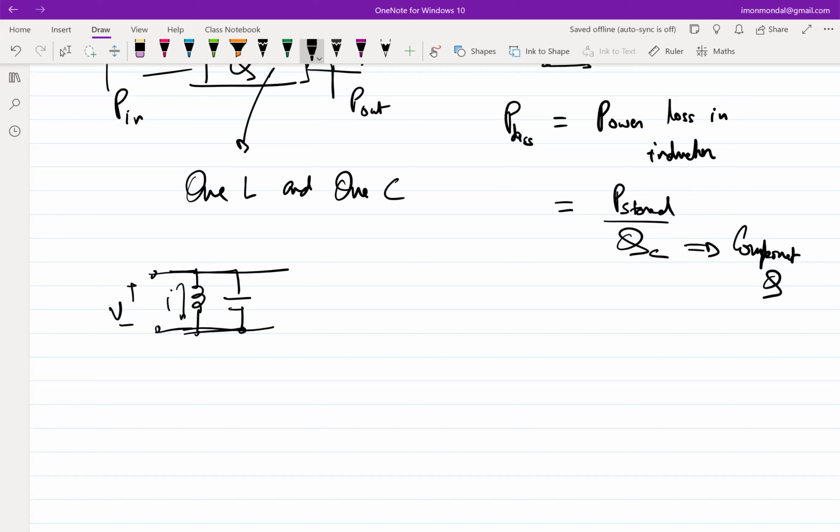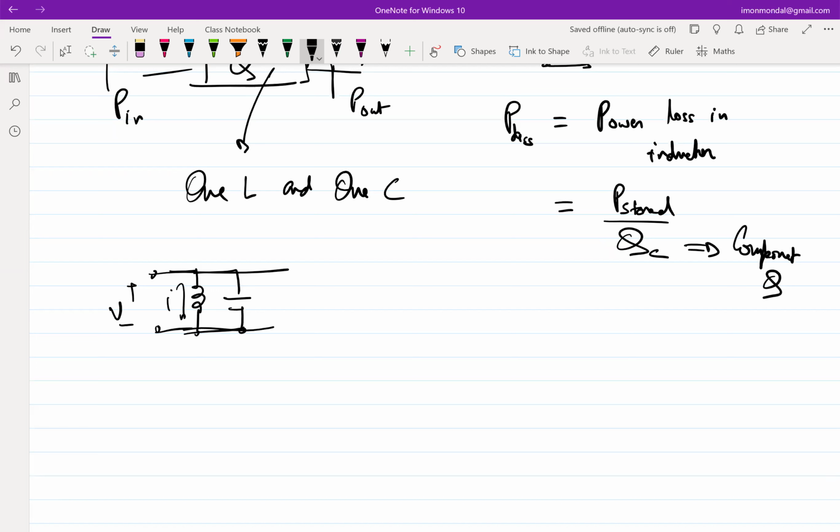Not only at resonance, at any frequency they are 90° out of phase. The total energy stored in the tank is the magnetic energy in the inductor plus the electric energy in the capacitor, right?